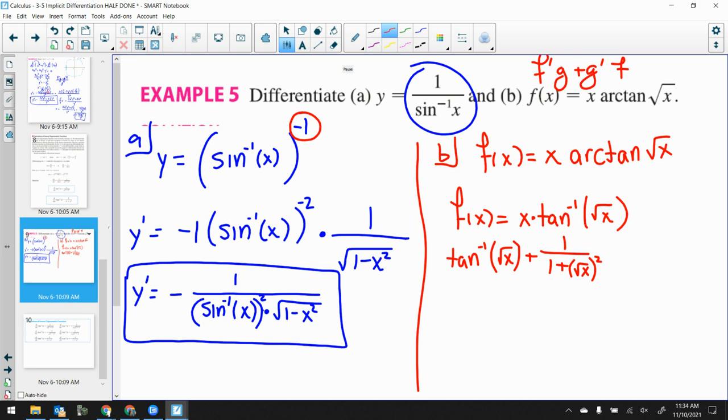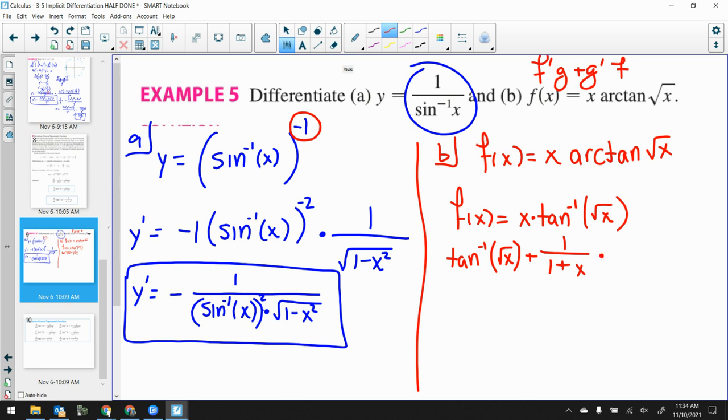It's going to cancel. It's going to have x. So I'm just going to reduce that right now to say just x. Now, that was the derivative of inverse tangent of square root of x. Now, because this is a chain rule, because I have a function within another function, I've got a square root inside tangent, I now have to find the derivative of the square root of x.